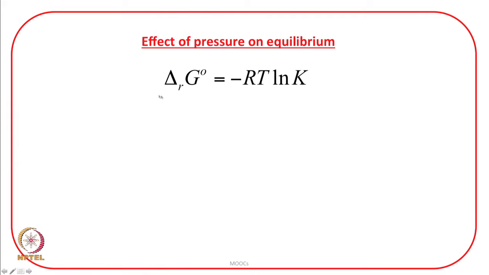And since the left hand side of the equation is independent of the pressure at which the equilibrium is arrived at, the right hand side must also be independent of the pressure at equilibrium.